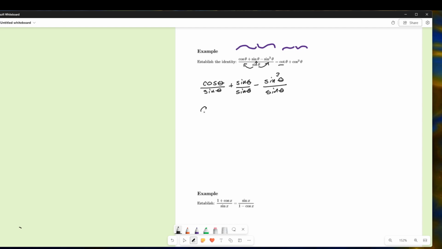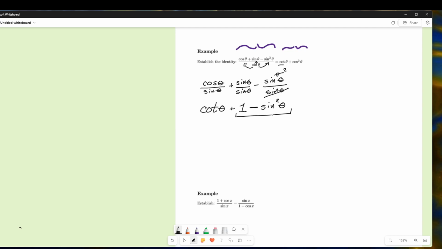Cosine over sine is cotangent, and again, we want a cotangent, so I'm happy about that. Plus sine over sine is 1. I don't have any 1s here, but 1s often work with Pythagorean identities, so that might be handy. Minus, the sine's going to cancel with one of those sines, so sine squared theta. And that structure is going to make me think of our Pythagorean identities.